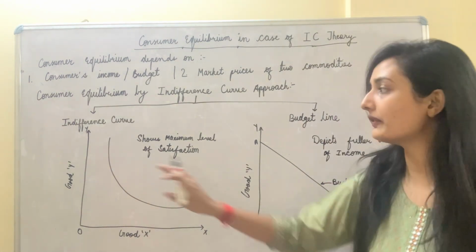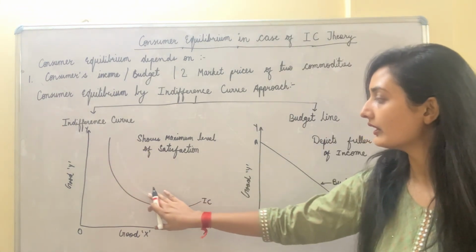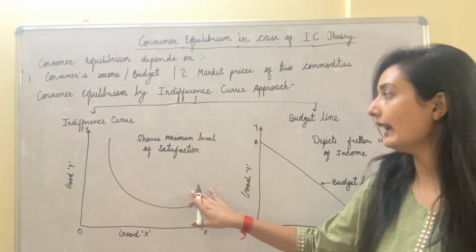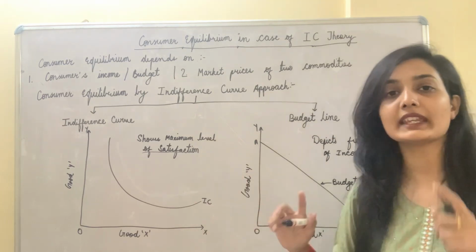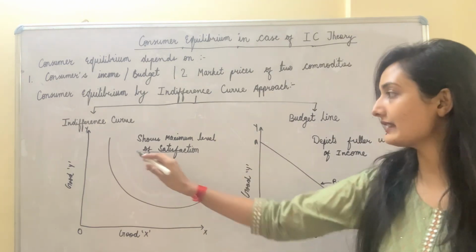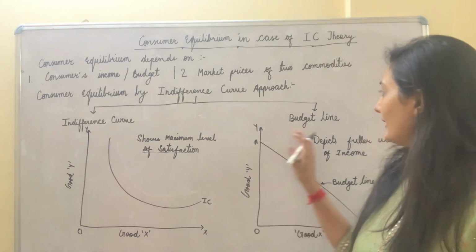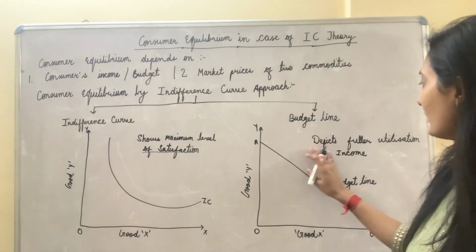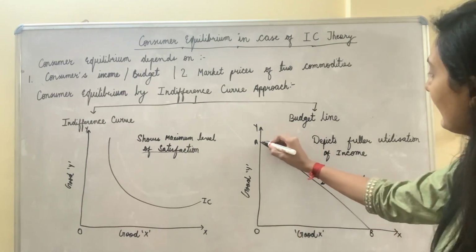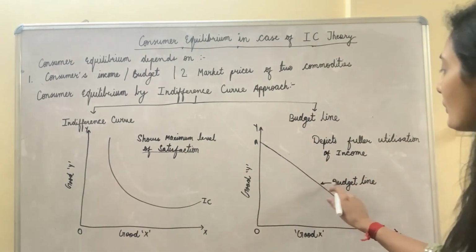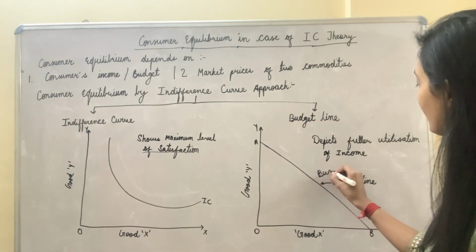As you know, indifference curve is convex to origin and it shows maximum level of satisfaction. As we take two commodities on x-axis and y-axis, budget line depicts fuller utilization of income. This line is our budget line and this shows our budget constraint.